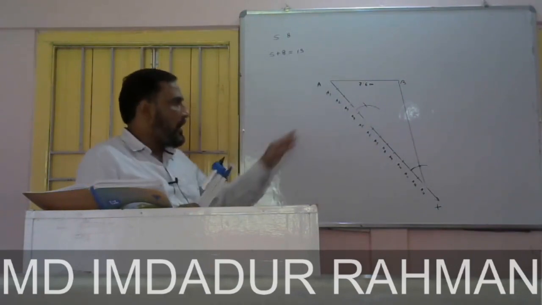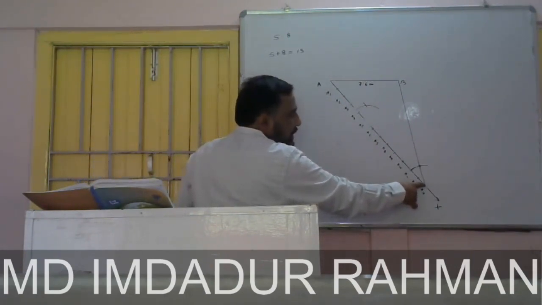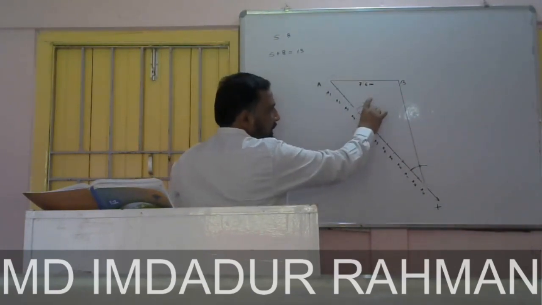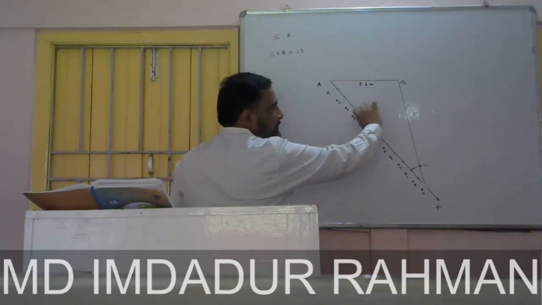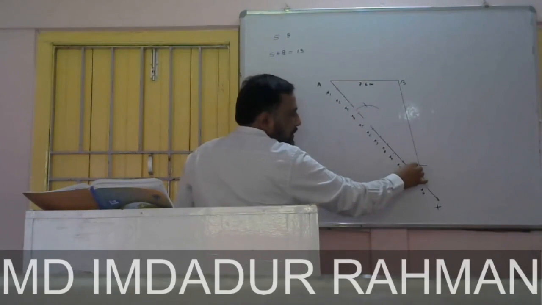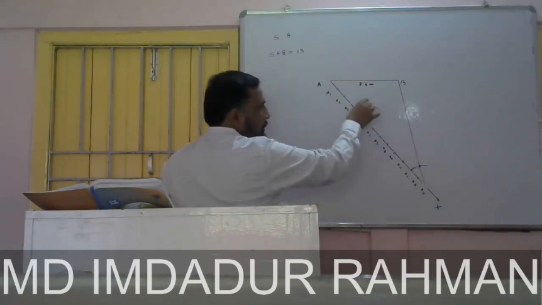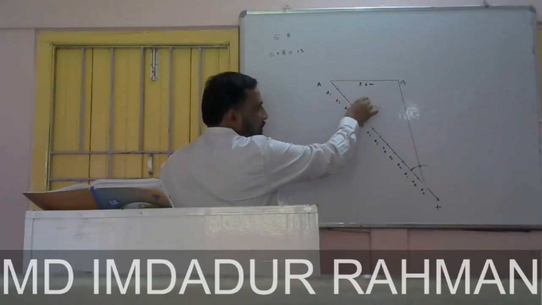I have done twice. You see, for your betterment, I have taken the measure of this angle, pointed at A5, and drawn an arc. Then I have copied the gap of this with the help of compass and pointed on the point where the ray intersected and just given this.